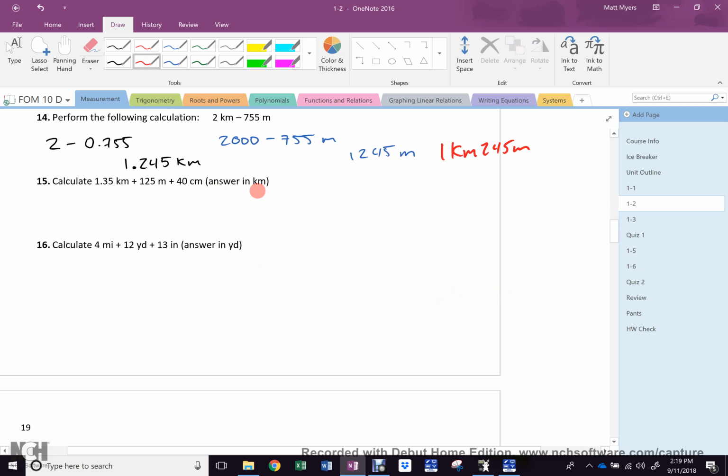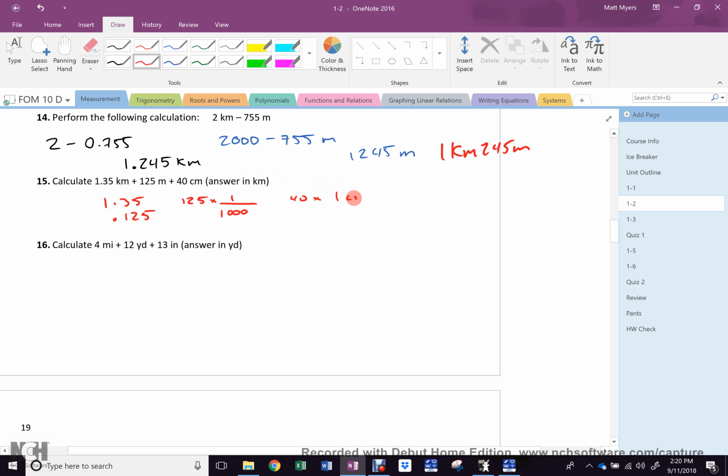Answer in kilometers. This is already kilometers. Do I have to change it? I had 125 times, I need kilometers. So it's 1 over 1,000. So that is 0.125. And then centimeters, 40 times, I need kilometers.